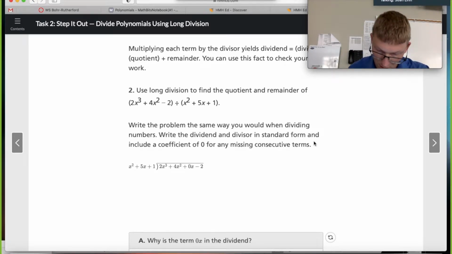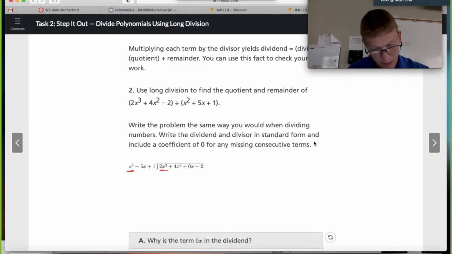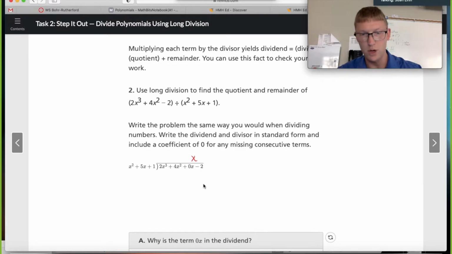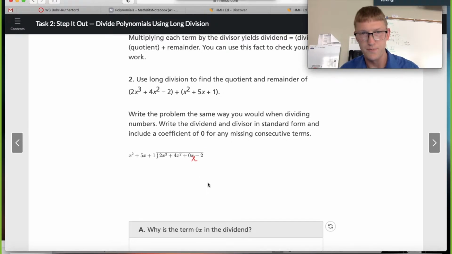So we need to figure out how many times this goes into this. And we'll start off with looking at our first x squared term. And then this is going to be an x cubed term. So, okay, what are we going to have to multiply to get to that? It's going to be another x, right? So x times this is going to be our x squared. So that's going to go right here. We're going to zoom in.